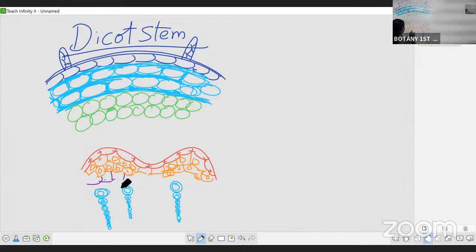Phloem is made up of simple parenchymatous hexagonal cells.